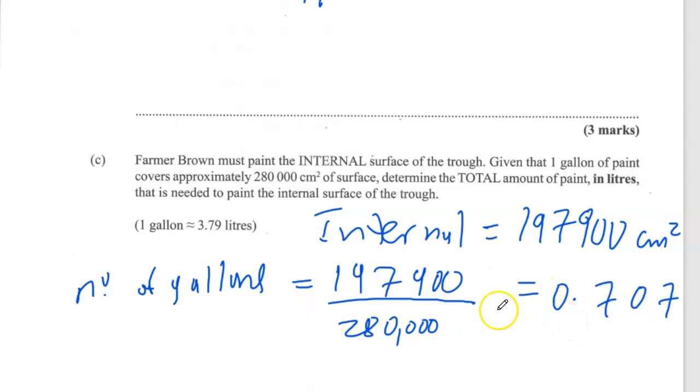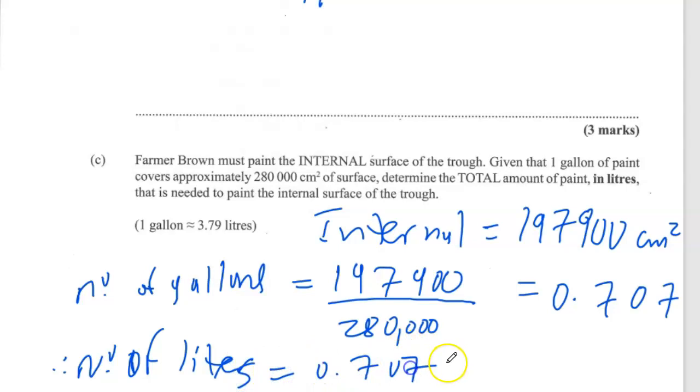And we are told that 1 gallon is 3.79 liters. Therefore, the number of liters needed now is 0.707 times 3.79. That's 2.68 liters using 2 decimal places. 2.68 liters. That's our solution.